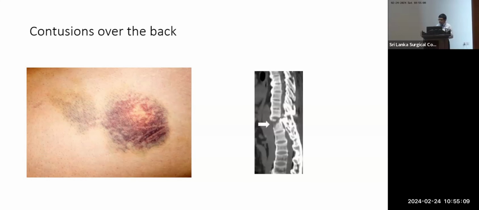In such a situation, always go to the history and ask the mechanism, what happened. Then you can see whether the mechanism of injury is compatible with your radiological findings. If they are compatible, you need to think with a higher suspicion that the subtle changes you see in your radiological imaging are likely acute.